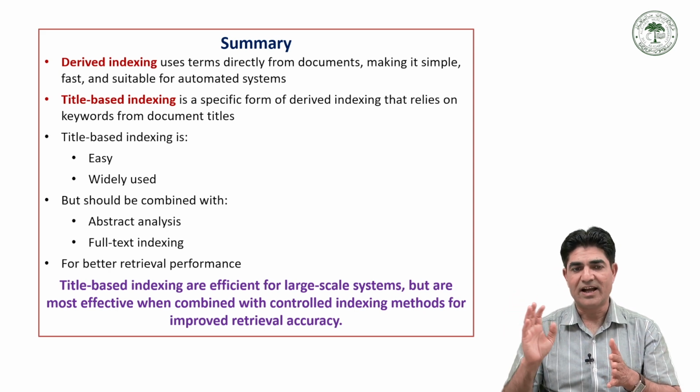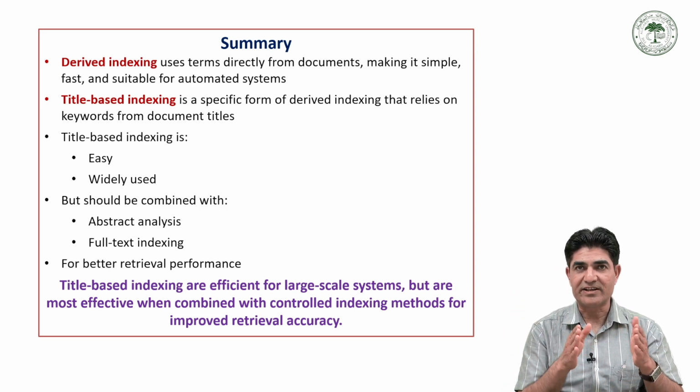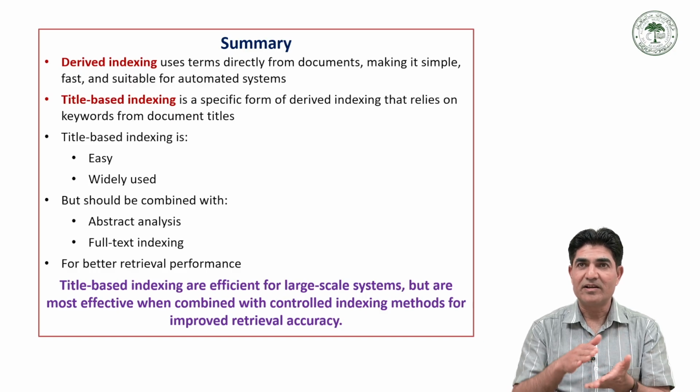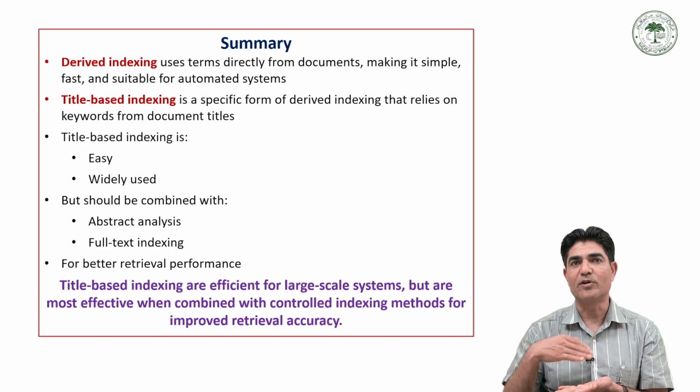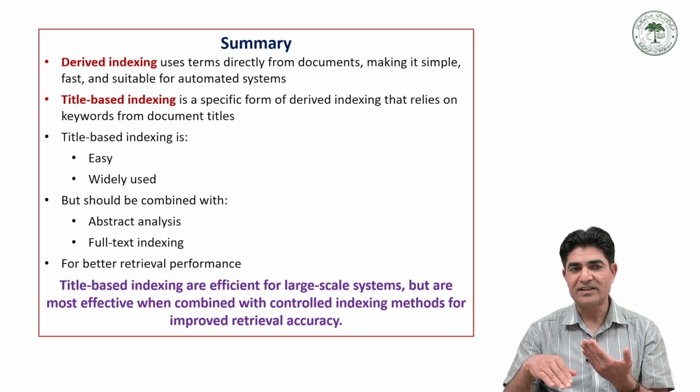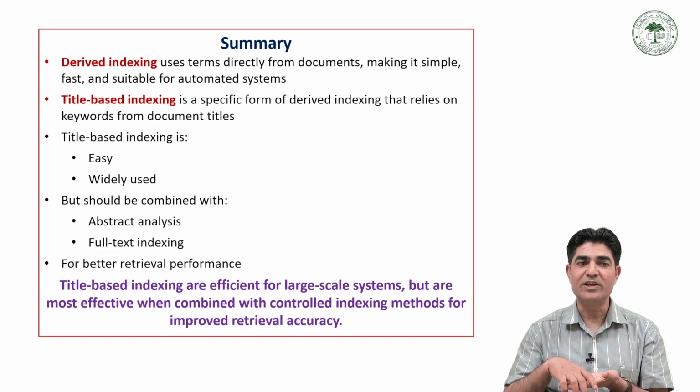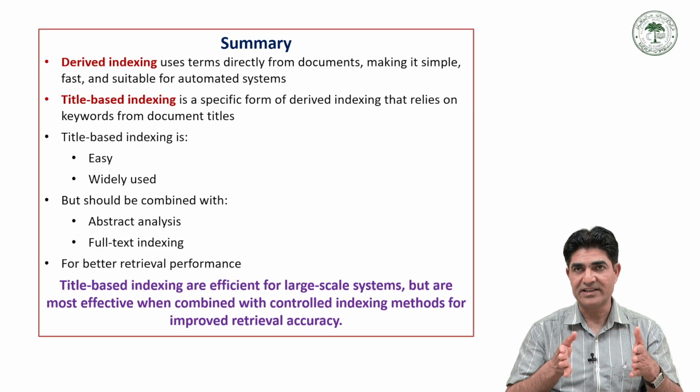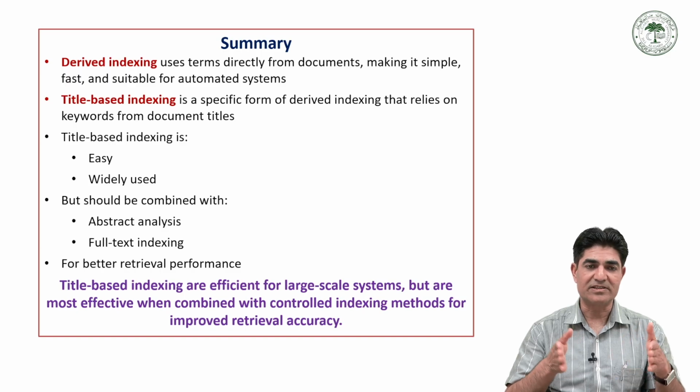Another thing is that the terms which are selected should be standardized using controlled vocabulary. Then the performance of retrieval can be improved by adopting derived indexing in information retrieval systems.